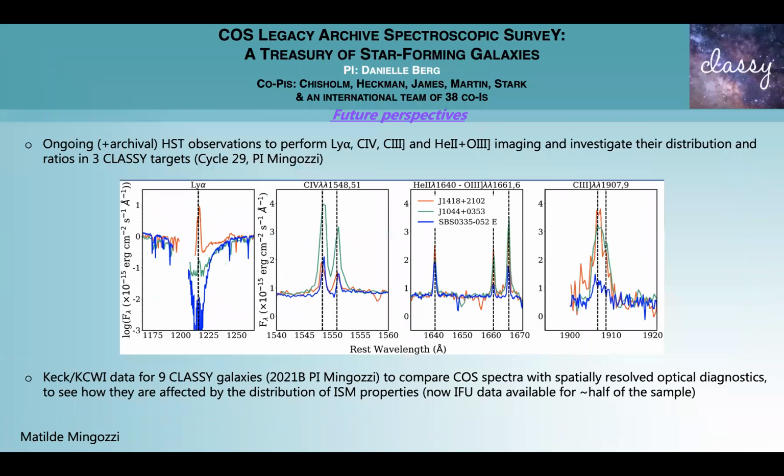And the last thing I wanted to say is, among the future works that we will do, last year I submitted an HST proposal in cycle 29 that was approved.